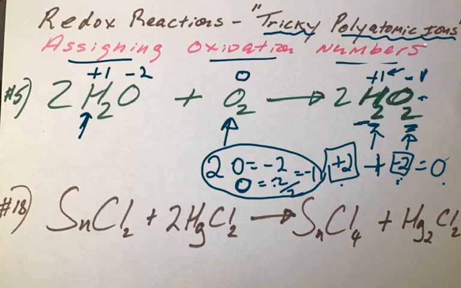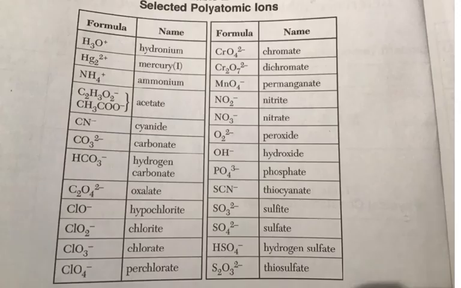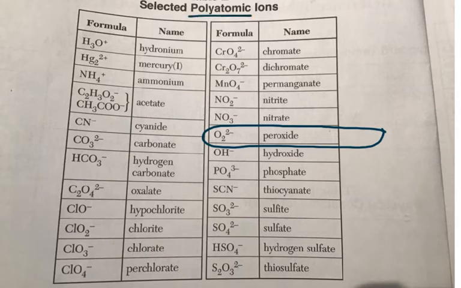And if your memory banks serve you correctly, remember, guys, we have this thing called peroxide. Peroxides are interesting in that they're a polyatomic ion, because there are two atoms together carrying a charge. So we have 2 oxygens carrying a charge of -2.